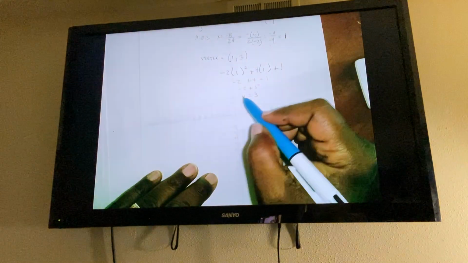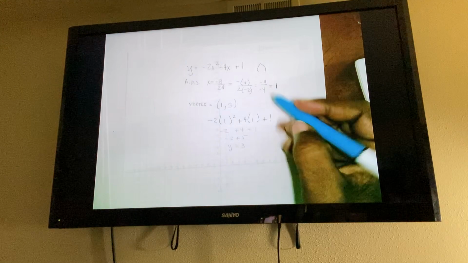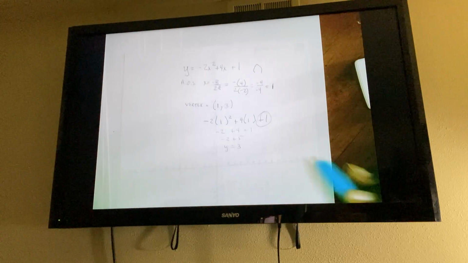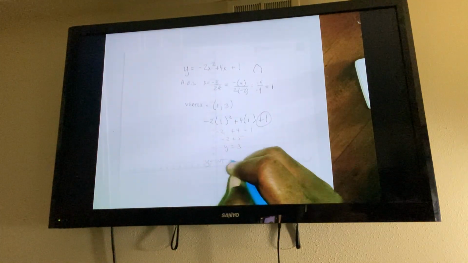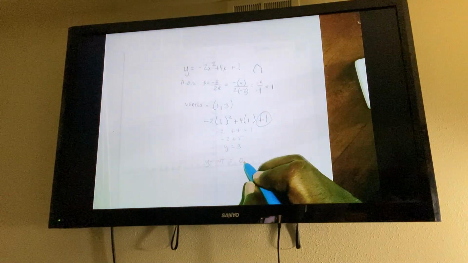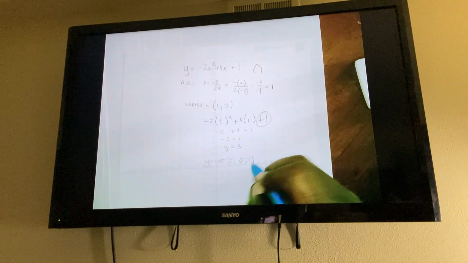Okay, so our y-intercept, we said was always going to be the C term. And there we go. So our y-intercept is 0, 1.